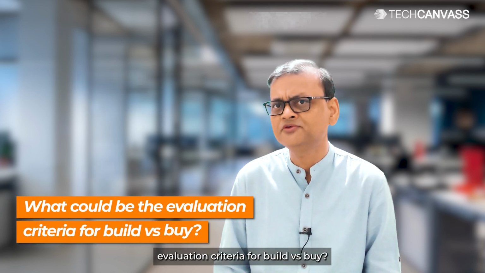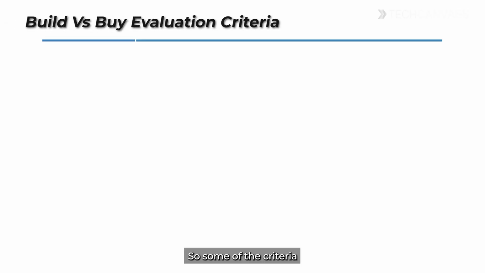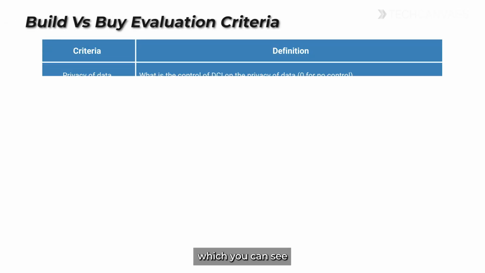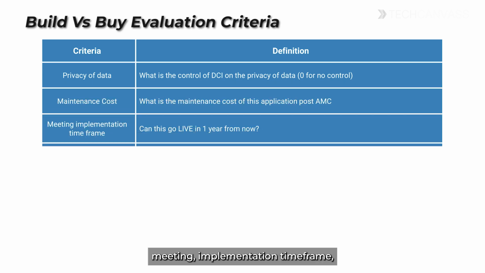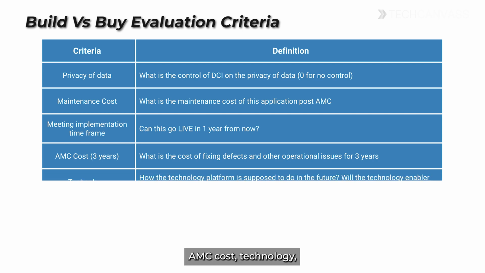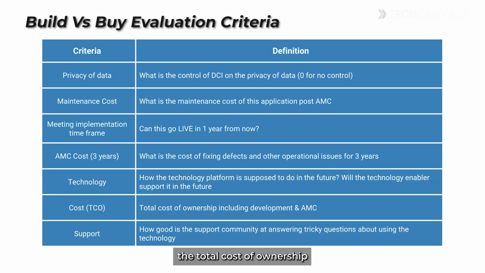So what could be the evaluation criteria for build versus buy? Some of the criteria you can see are privacy of data, maintenance cost, meeting implementation time frame, AMC cost, technology, the total cost of ownership and the support. Each one of these is evaluated on the basis of how important it is for the stakeholders.